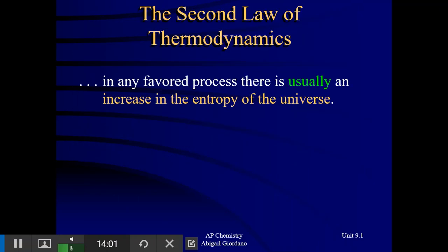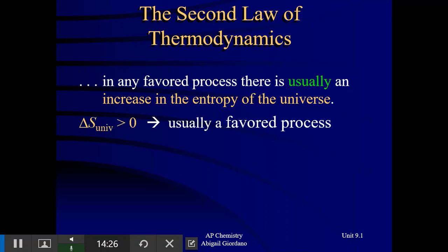Okay, the last thing that I want to say, and I sort of hinted at this before, is that one of the things you're going to be asked to either predict or prove in this unit frequently is whether a process is thermodynamically favored, spontaneous, or not. And entropy is one of the tools we will use to help us make that prediction.